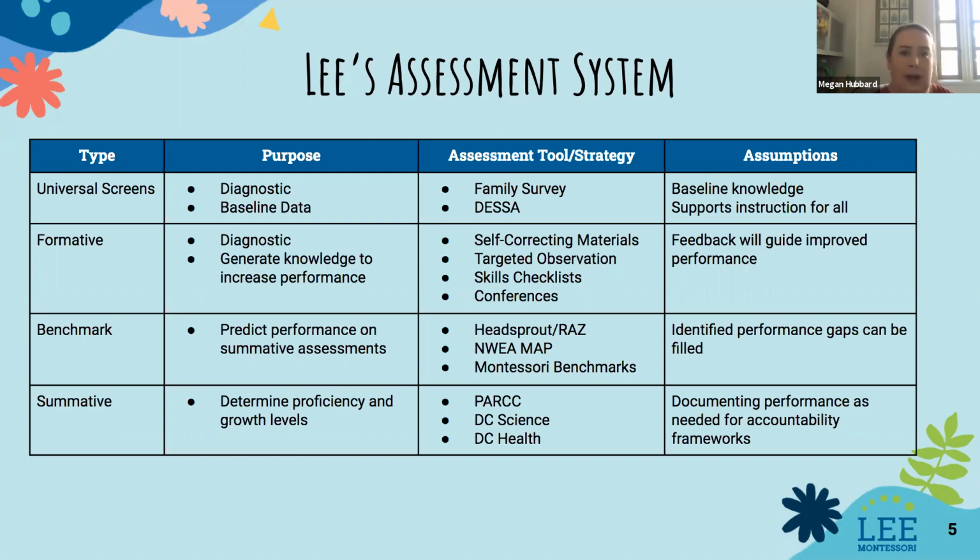DESA, which we've talked about in our last few sessions, our new social emotional assessment piloted this year, is also a universal screen. Our formative assessments are what we do in observations, parent-teacher conferences, targeted observation, as well as work with the self-correcting materials. Benchmark assessments, which we're going to be talking about today, are Headsprout and Raz Kids, NWEA MAP, and Montessori benchmarks as well.